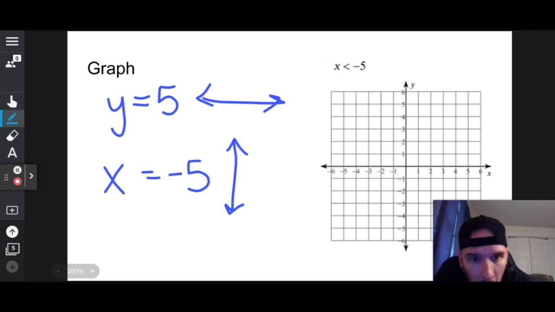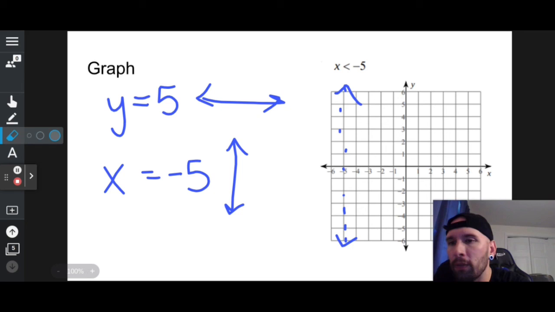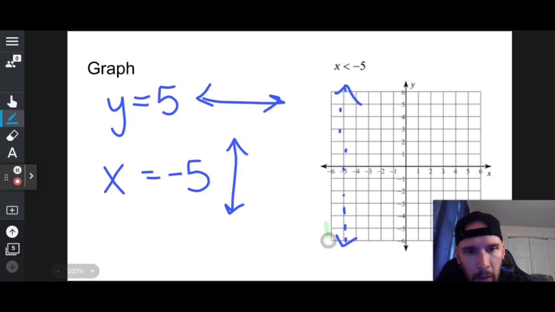Because I'm going to go to x is less than -5. Do I make it solid or dashed? Dashed. I'm going to draw a vertical line that's dashed. And I care about everything smaller than -5, so to the left of -5. So I'm going to shade everything to the left of it.